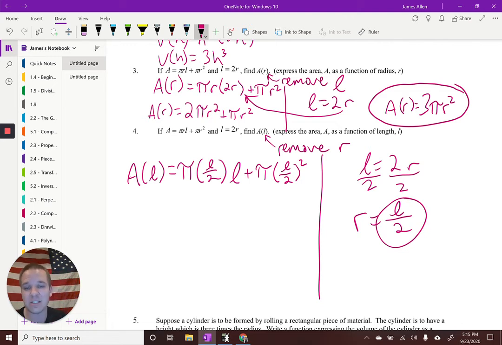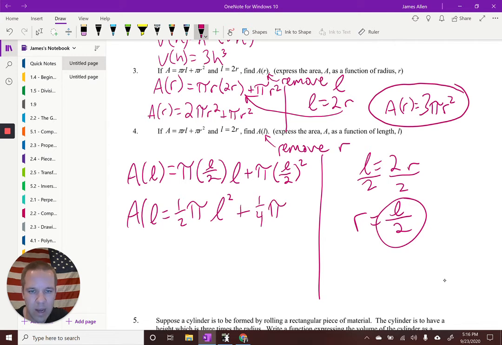So now I have all L's here, but let's go ahead and do some simplifications. So if A of L is equal to, well, this would be L squared, and that over 2, so we could say 1/2 pi L squared, and then plus, and if we're squaring that, that's going to be 1/4 pi L squared.